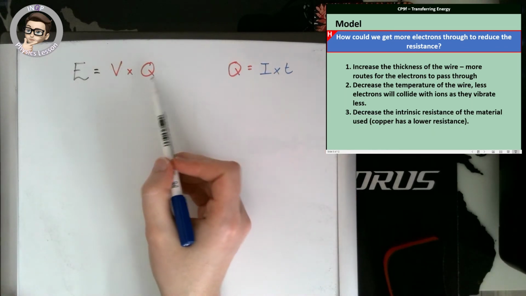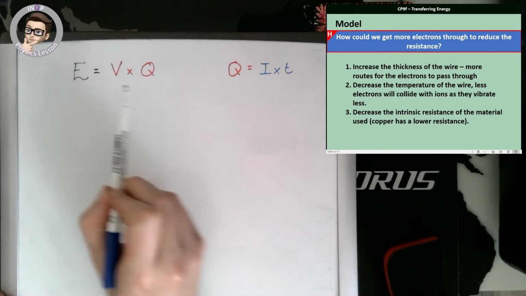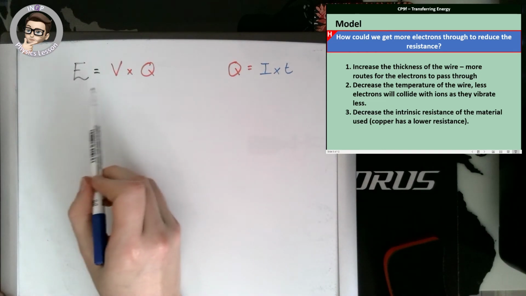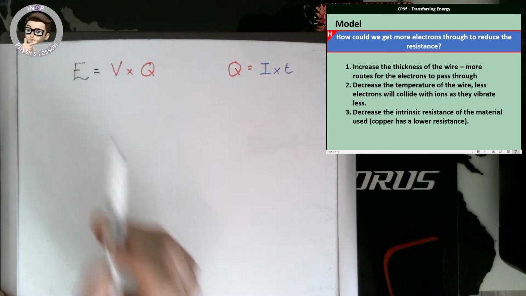What about if everywhere where I've got a Q in this equation, I put I times T? Could we work out the energy that's lost depending upon the current, the time, and the potential difference?